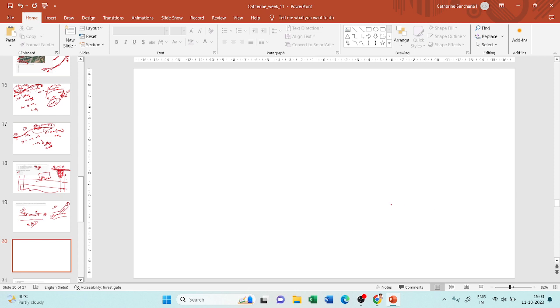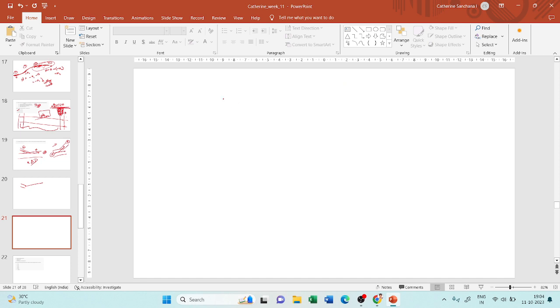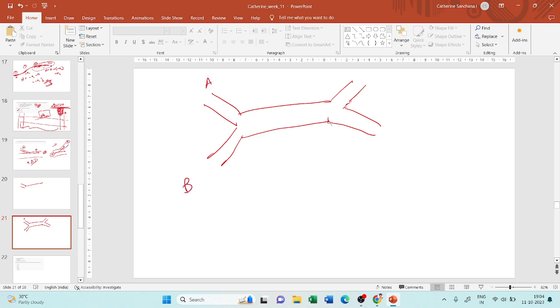Let us say this is my road, and I'll name these roads A, B, C and D. If I'm traveling on road A and I wish to go to road C, then what will I do?